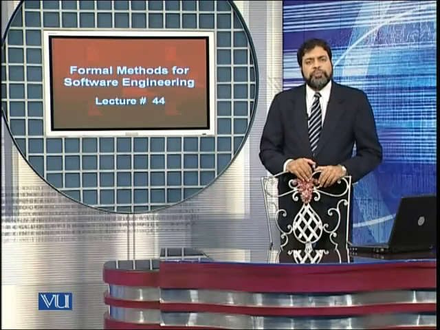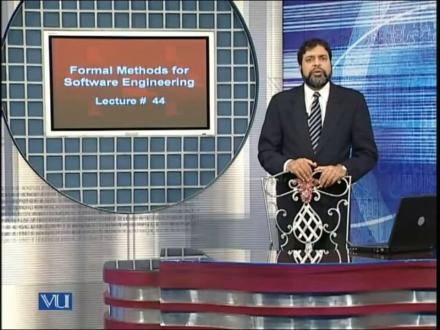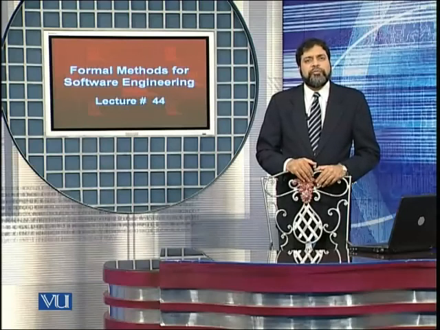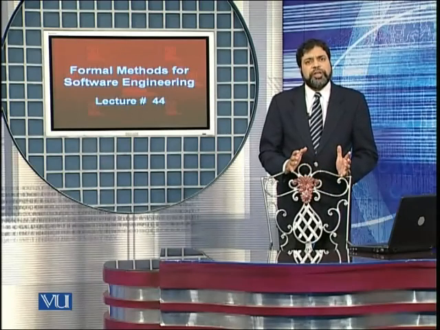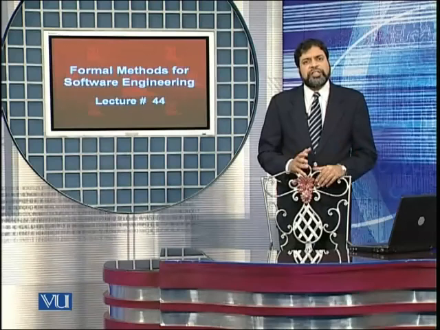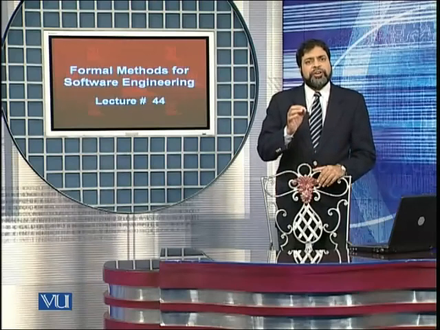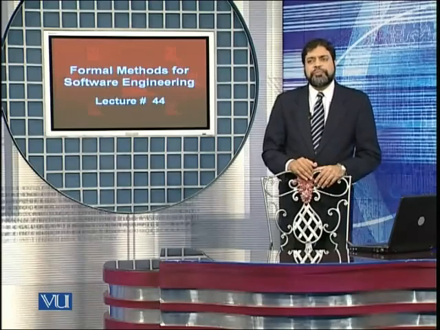The first property that we discuss in the context of Petri nets is what is called reachability. Reachability is a property which tells us whether we can reach a state from a given state.